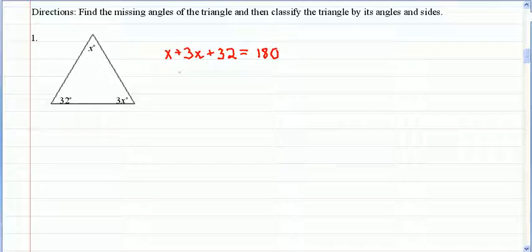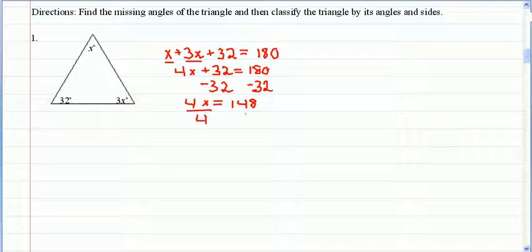Once I have my equation set up, I combine my like terms of x and 3x, which is 4x, and to solve for x, my next step is to subtract 32 from both sides so that I get 4x is equal to 148.